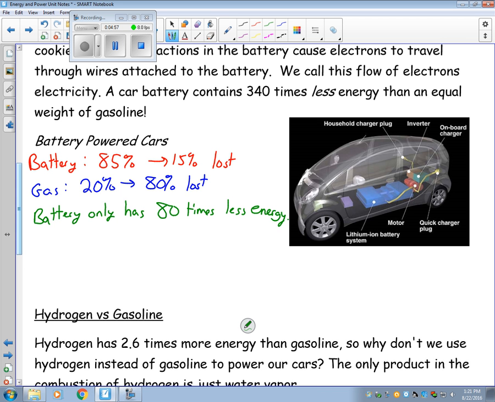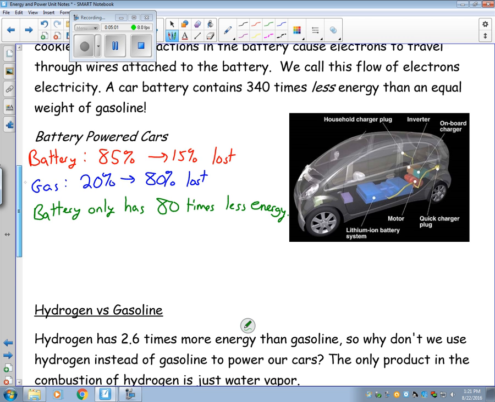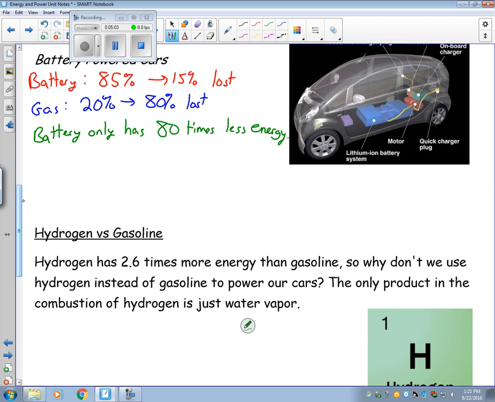Now it's looking a little better for the battery. So, we still get more bang for your buck for gasoline than batteries, but we can still make an argument to switch our cars over to battery power instead of gasoline power.